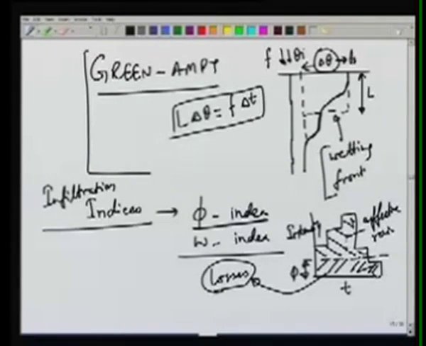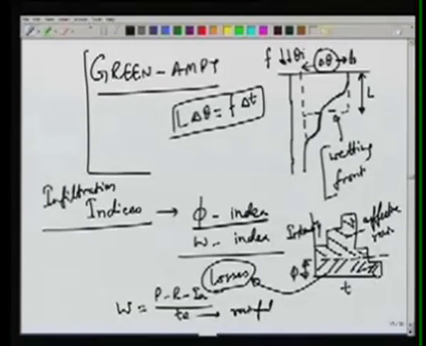And similarly, we define a W index, which is also based on the precipitation, runoff and the initial abstraction, and we divide it by an effective period, which is the rainfall excess duration.